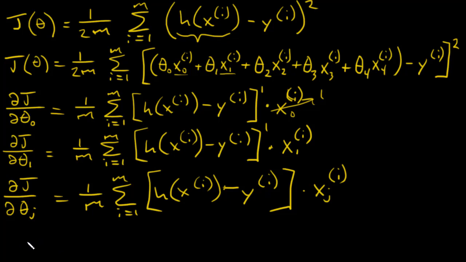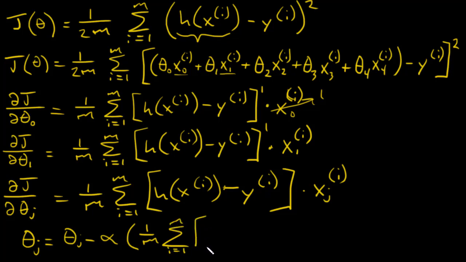The gradient descent algorithm is now going to say theta sub j is going to equal the old theta j minus alpha times 1 over m summation i from 1 to m of h(x_i) minus y_i times x sub j, i.